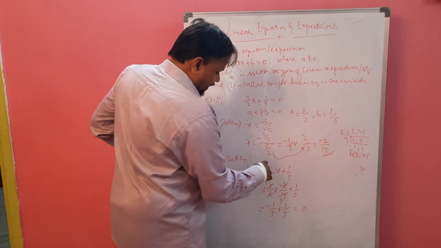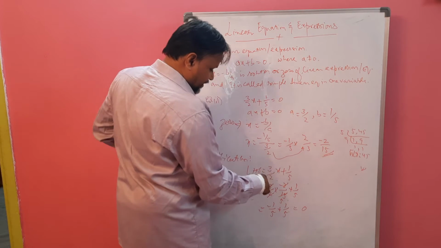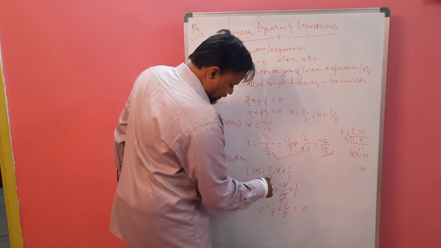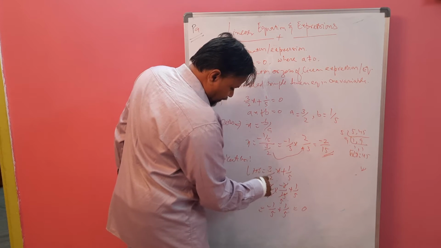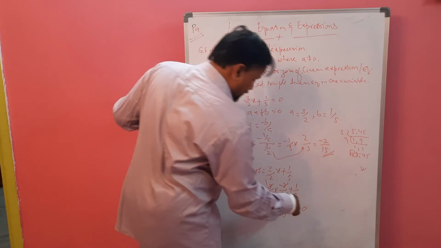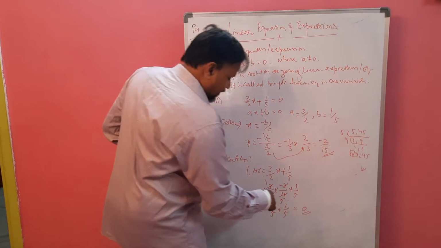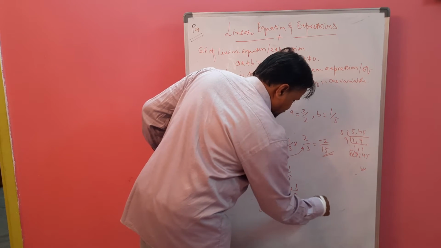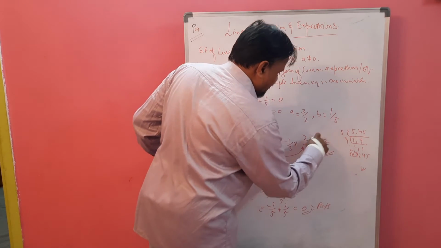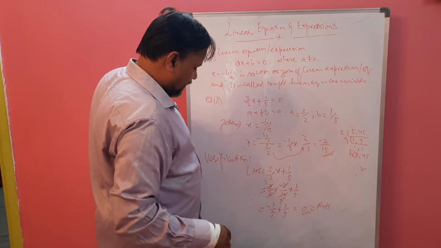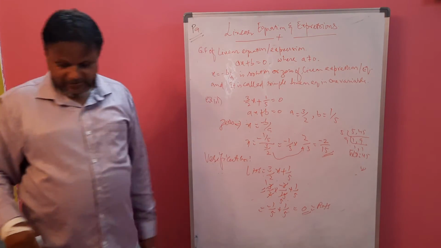So I have mistakenly taken 2 by 3 instead of 3 by 2. That's why we were not getting 0. Now we got 0 here. So this is equal to the right hand side. That means I can say that this is a 0 of the polynomial. Okay, make that correction.